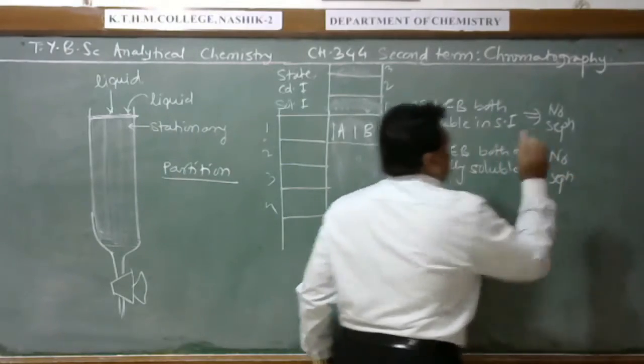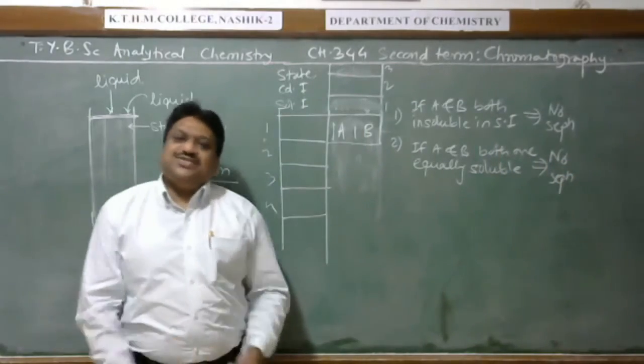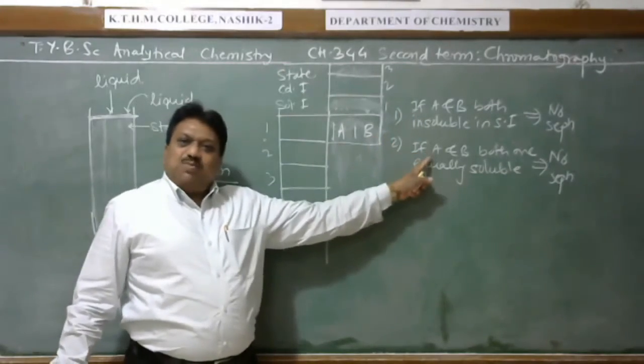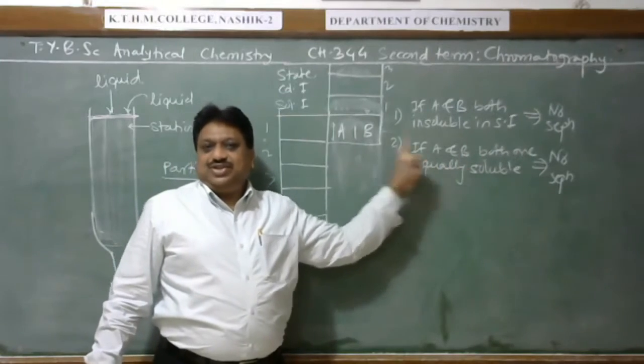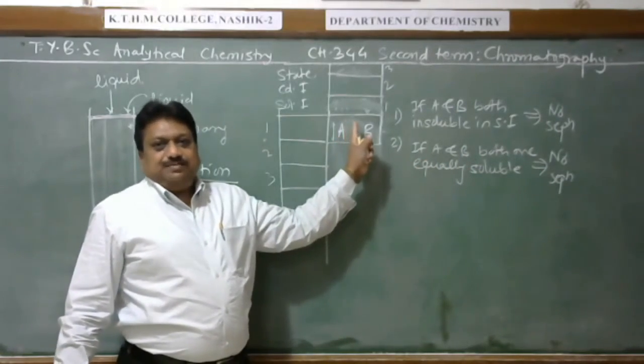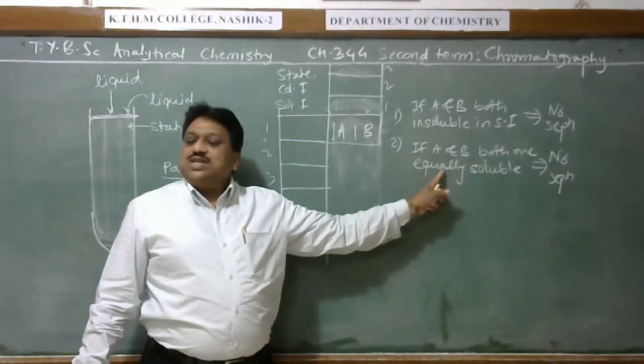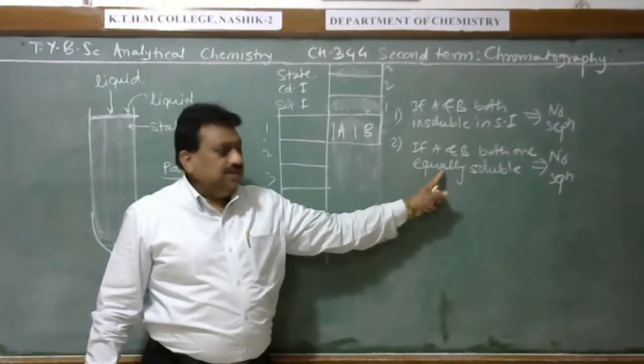That means if both components are insoluble in stationary phase, then separation is not possible, and if both components are equally soluble in stationary phase liquid and mobile phase liquid also, then there is no separation of the sample components.